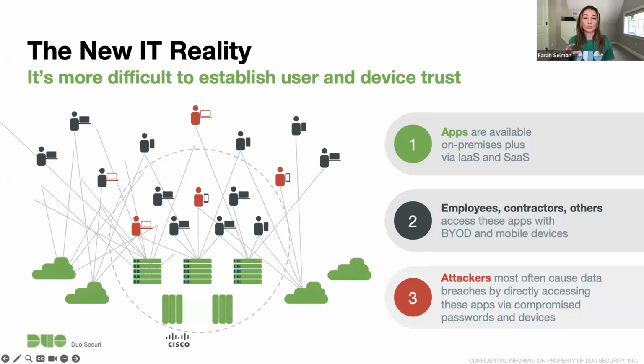Bring your own devices, mobile devices, as they worked from home. In 2019, 16% of people said that they worked remotely. That number today is 77%. And attackers use the expansion of perimeter to gain access to these apps via compromised passwords and devices.